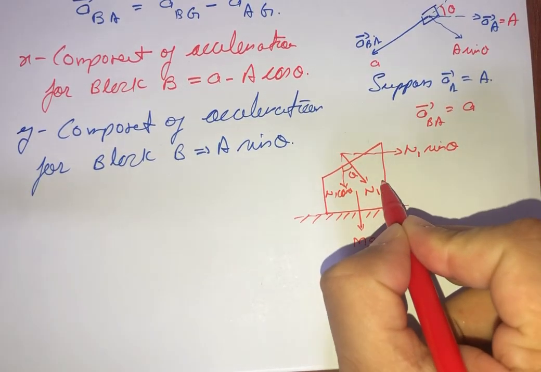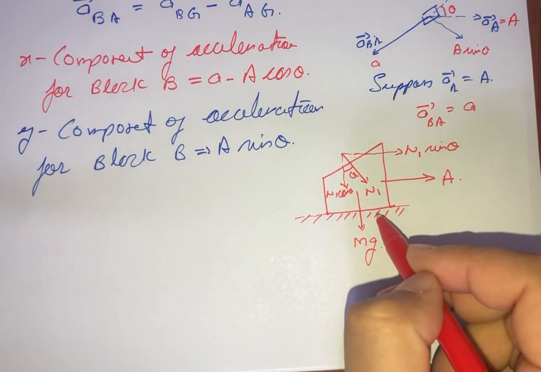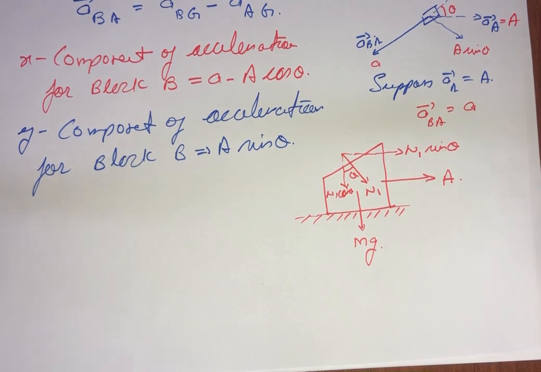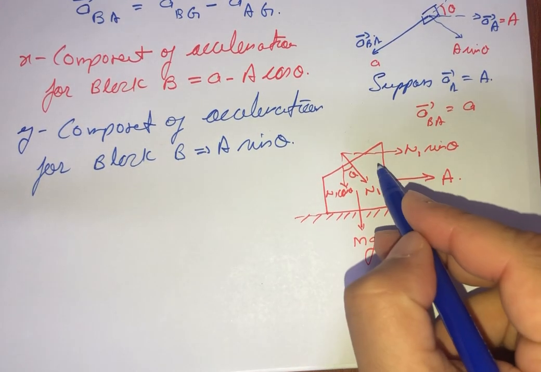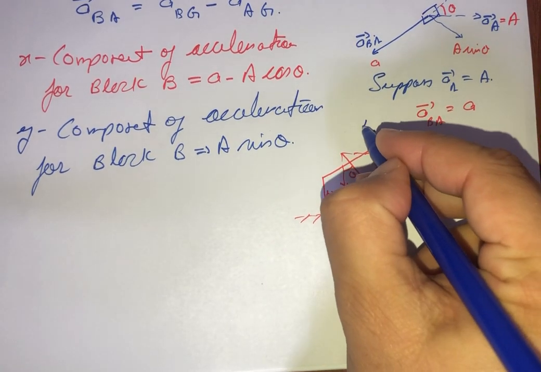We also have acceleration A in this direction, and because of this surface it is going to have a normal in the upward direction, let us call it N2.